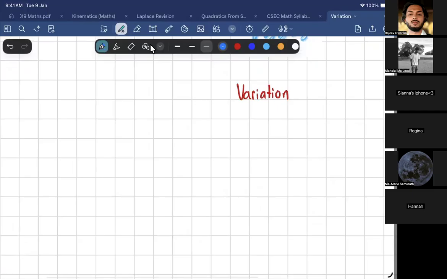Now, when we're doing variation, there are two types of variation. As you're going to see, it's going to have directly proportional, and does anybody know the other type of proportionality? Indirectly proportional. Yeah.